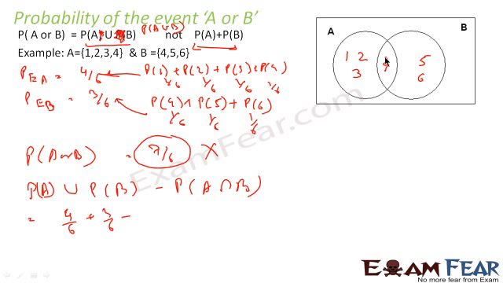A intersection B is 4. Probability of 4 is 1 by 6, so we'll say minus 1 by 6. So it is equal to 6 by 6, which is equal to 1.